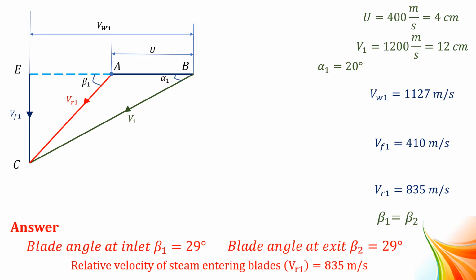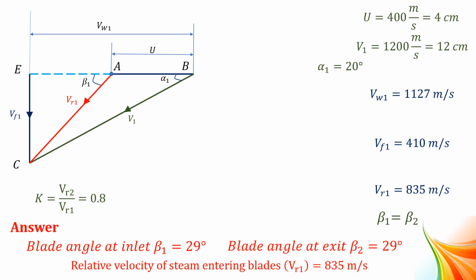Similarly, we need to draw the outlet velocity triangle considering the common blade velocity U, which is represented by the line AB. Before drawing the outlet velocity triangle, we need to find the relative velocity of steam leaving the blades, VR2.